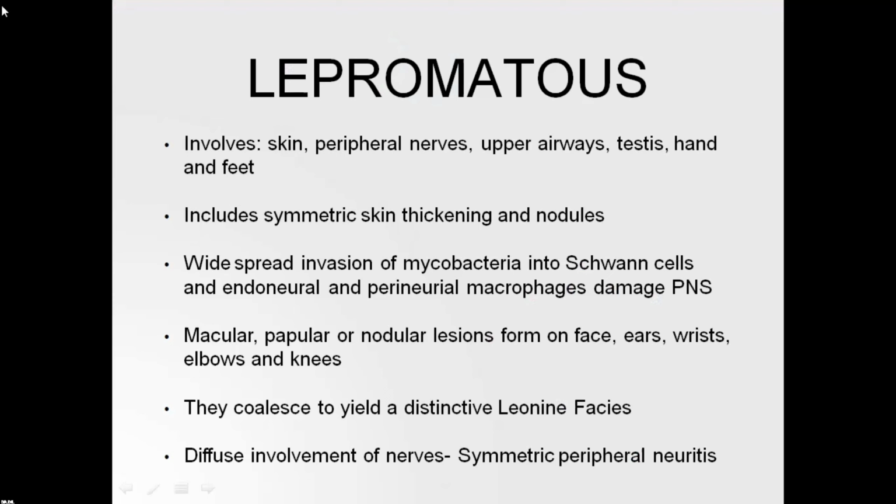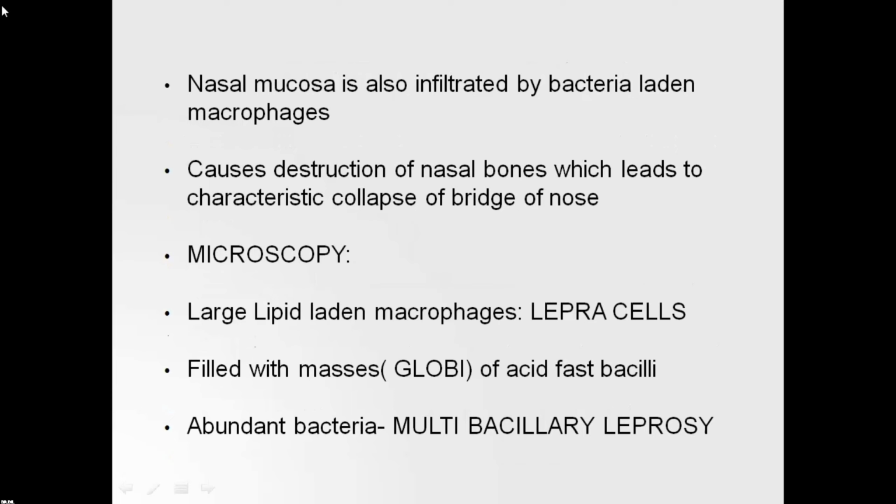Lepromatous leprosy involves skin, peripheral nerves, upper airway, testes, and hands and feet. It includes symmetric skin thickening and nodules, widespread invasion of mycobacteria into Schwann cells, and endoneurial and perineurial macrophage damage in the peripheral nervous system. Macular, papular, or nodular lesions form on the face, ears, wrists, and elbows, with diffuse symmetric involvement and neuritis.